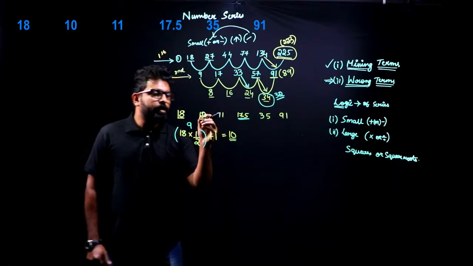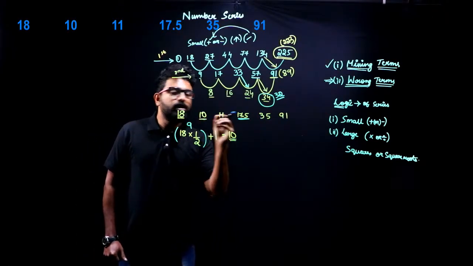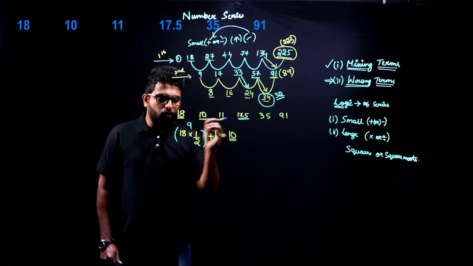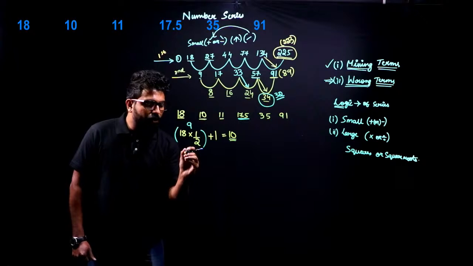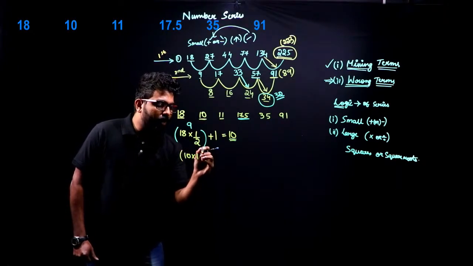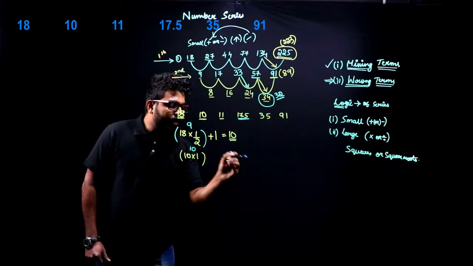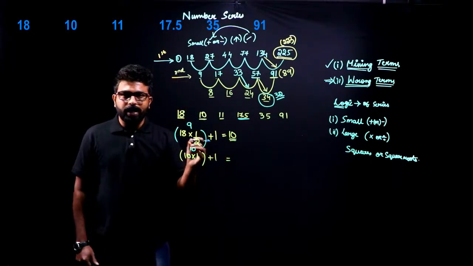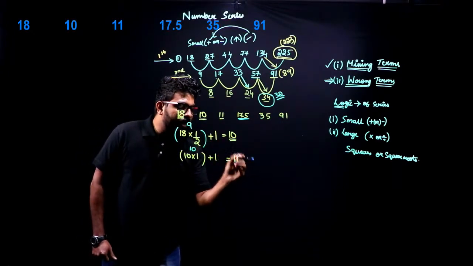So similarly, I'm comparing my second term and the third term. 10 itself is close to 11. So what do I need to multiply here? I need to multiply 10 with 1. I get 10 here. How can I go till 11 from 10? I need to add 1 to 10. If I add 1 to 10, it will be 11.